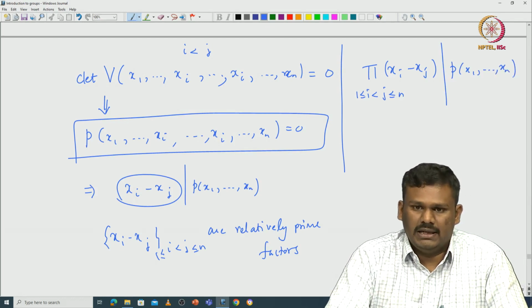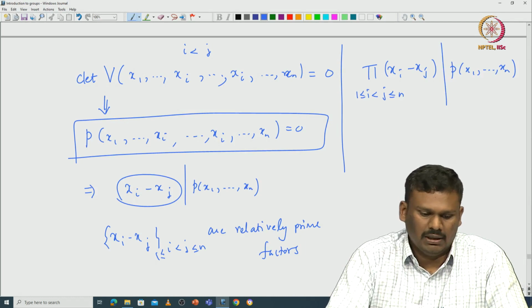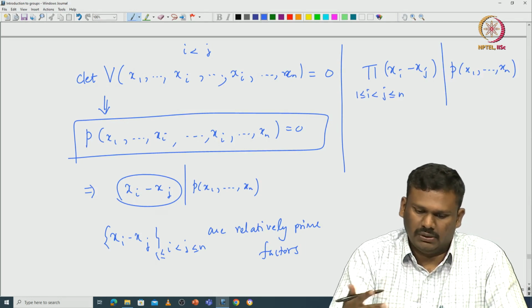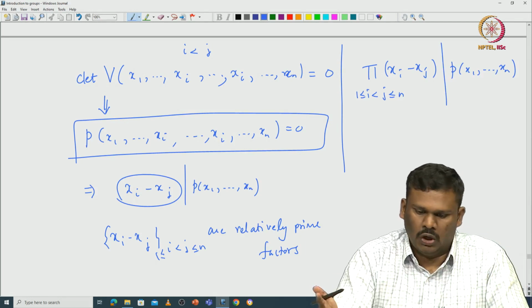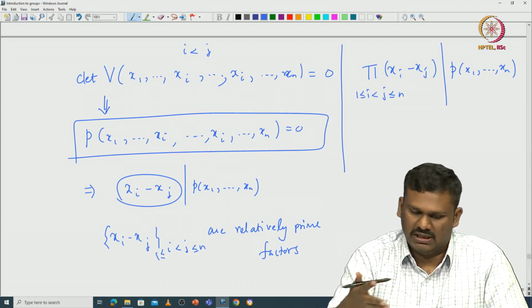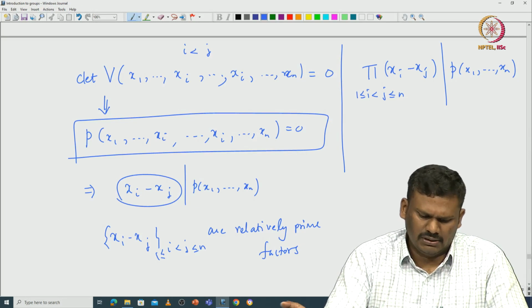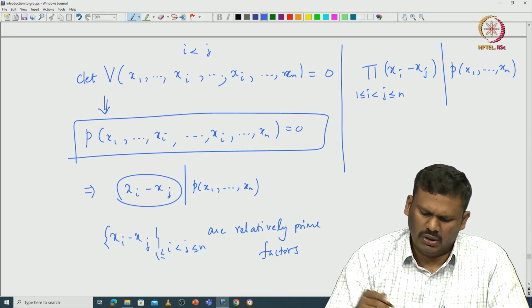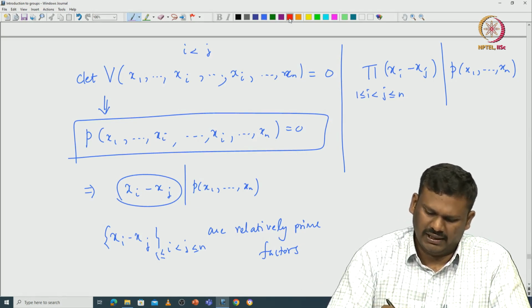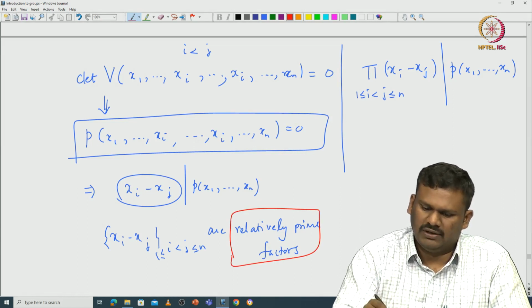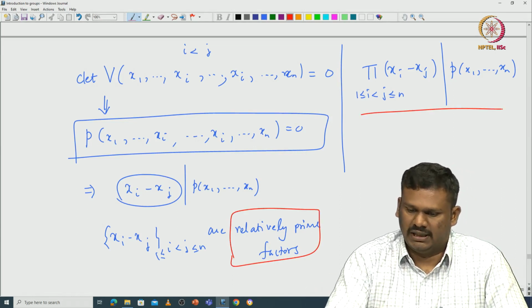I am actually hiding lots of results under the carpet, but you can see that at least some outline of the proof is there. Once you know that these are all relatively prime factors, the product of them should divide this p of x1 etc. xn.